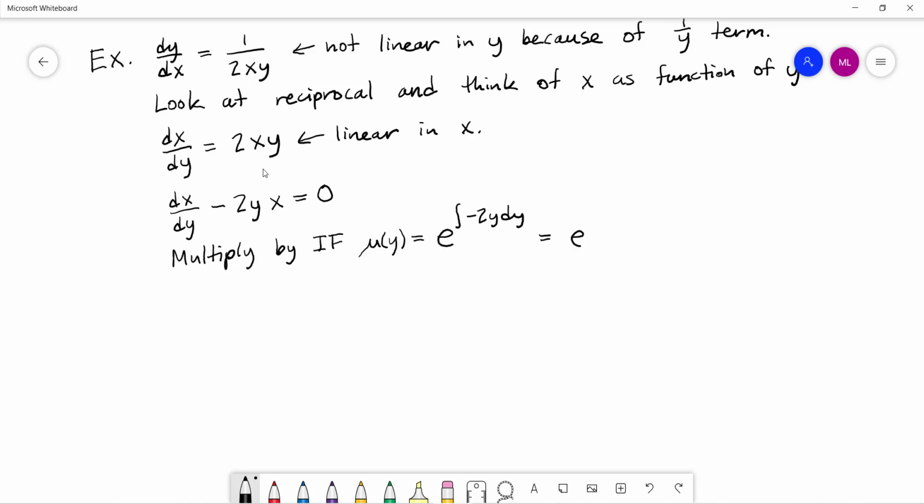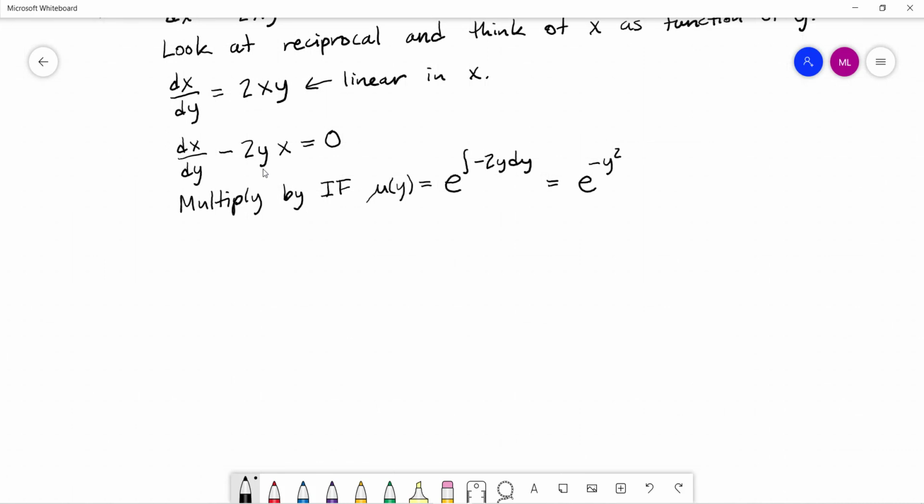And so I will get e to the negative y squared. There's my integrating factor. And so if we multiply by that, what we should get is the result of product rule. So I should get basically d dx of e to the negative y squared times x equals, on the other side, it's still a 0 because I multiplied this term through to all of these other terms.